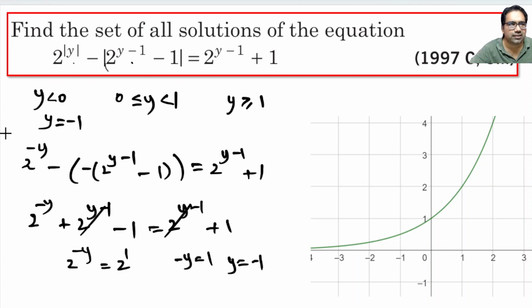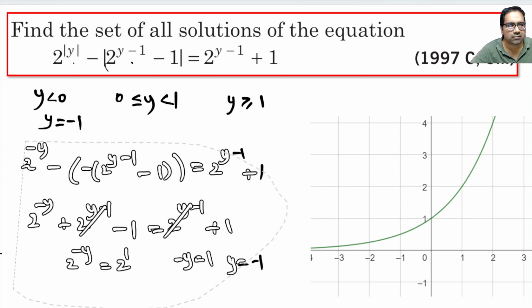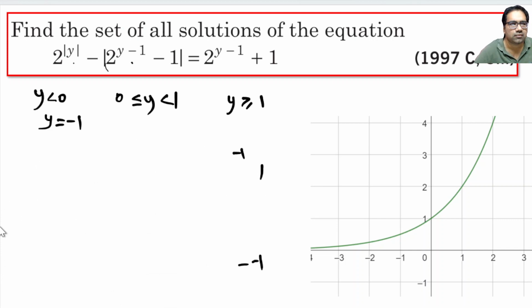Now let us take the second case: 0 less than or equal to y less than 1. By the way, the graph of 2 power y will look something like this. When y is 0, 2 power 0 is 1.